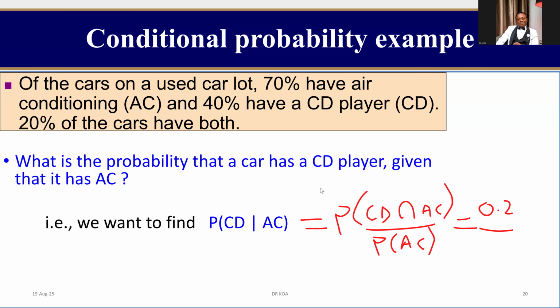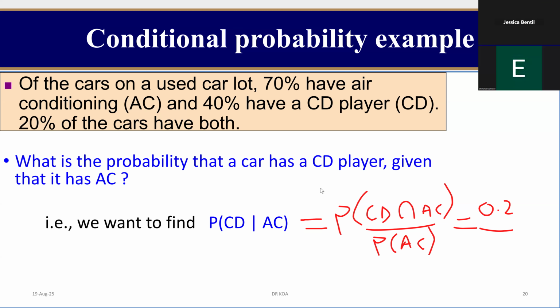According to the question above, what is the denominator? Jessica? 70%. That is 0.7. Therefore, what is our conditional probability of CD given AC? Tell us, Jessica.